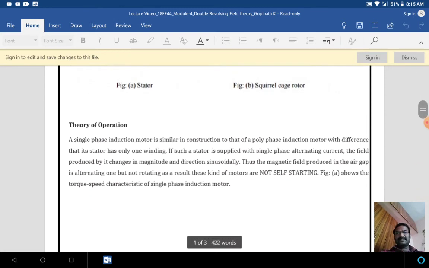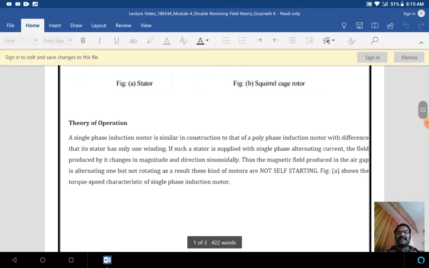Theory of operation. A single phase induction motor is similar in construction to a polyphase induction motor. In a polyphase induction motor, the windings are split up with a 120-degree phase shift for each.